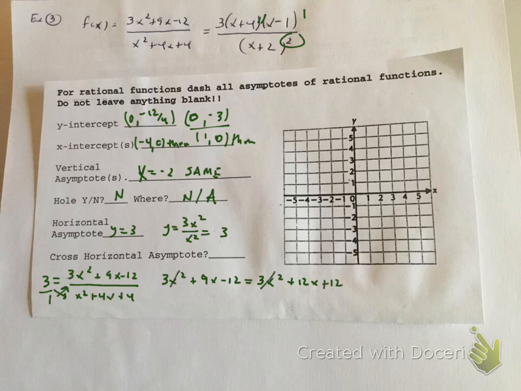So these things subtract out. If I subtract 9x from both sides, and I subtract 12 from both sides, I'm going to end up with -24 equal to 3x. So when I divide by 3, I actually get x is equal to -8. So it's going to cross at -8, 3.